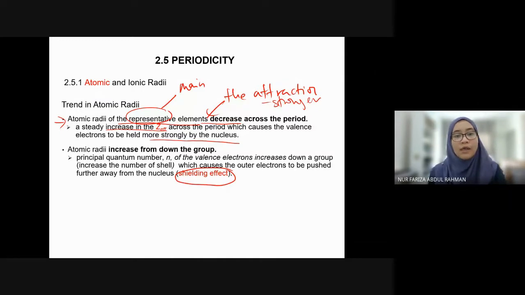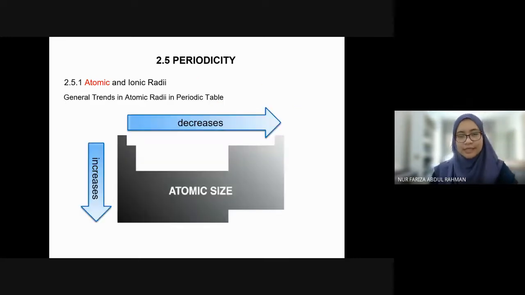They all have the same Z effective. So we can't highlight Z effective alone. It's not significant. So going down the group, you have to mention the increase in shielding effect. Yep, these are the general trends.